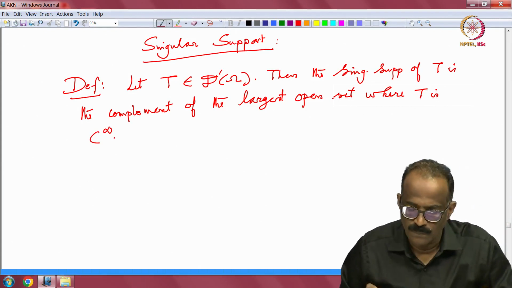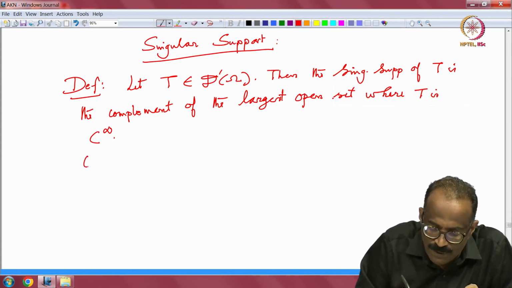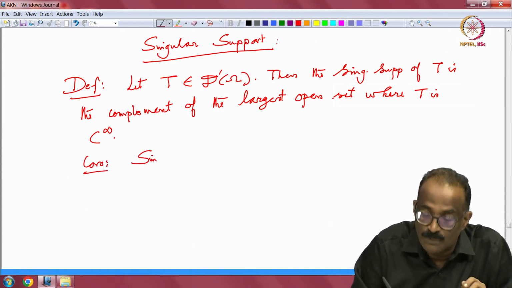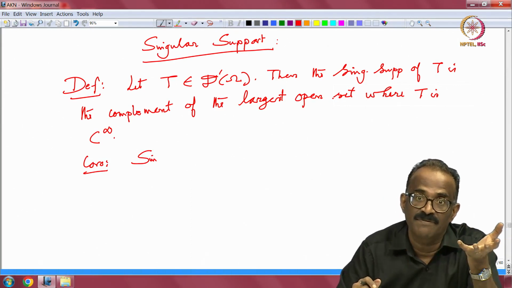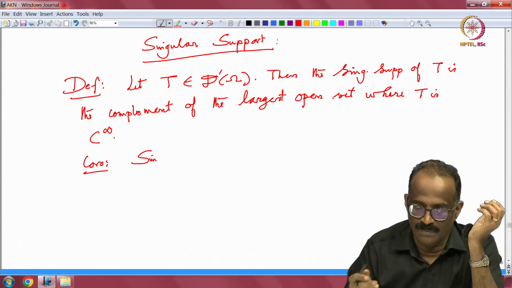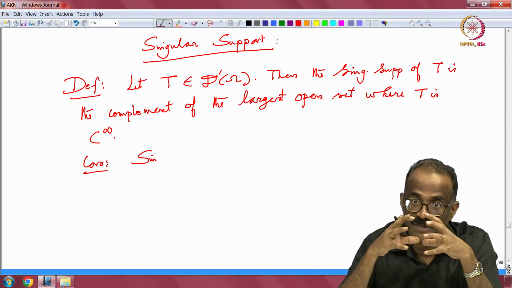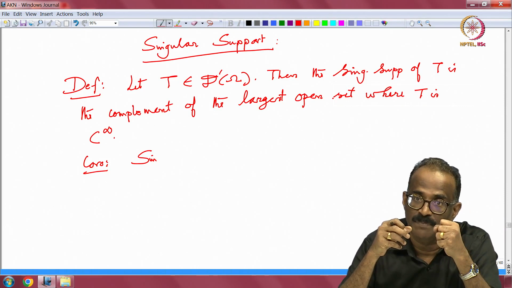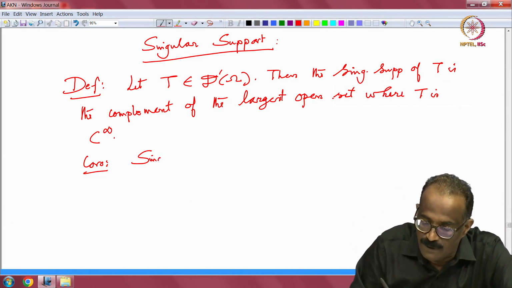So immediately you know that an immediate corollary is that the singular support will be small. The support is the complement of where T vanishes, which is a C infinity function. So where it coincides with a C infinity function will be bigger, the open set will be bigger, and the singular support will be smaller. Okay.